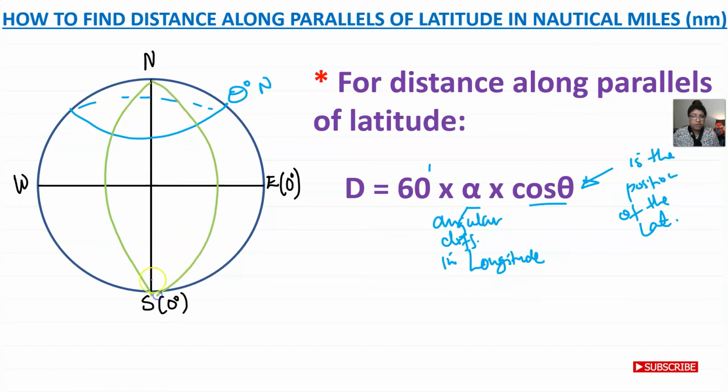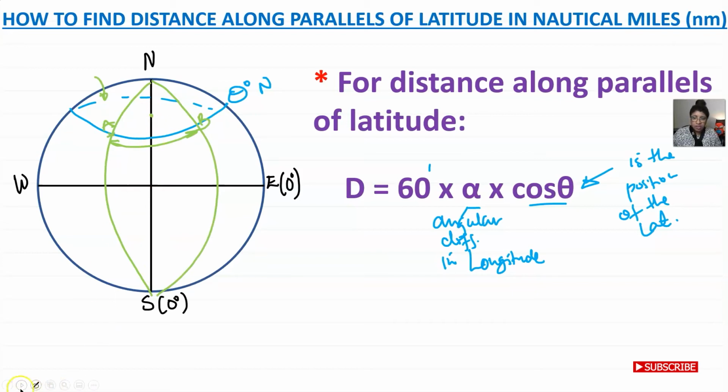Now you have two longitudes there, and you want to find the distance along this parallel of latitude between those two points. So let's say this is point A and this is point B, and this is the center of this small circle, the one in blue. That's your small circle, so the center is somewhere there, along the prime meridian.